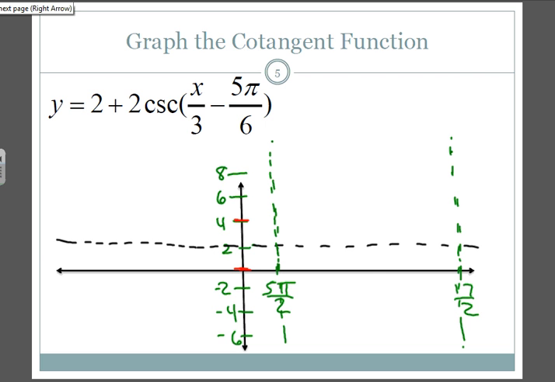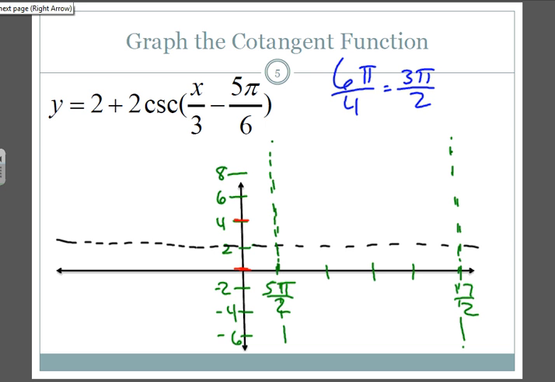And then to figure out what these numbers are, I'm going to take my period and divide it by 4. So if my period is 6 pi, divide that by 4. You get 3 pi over 2.